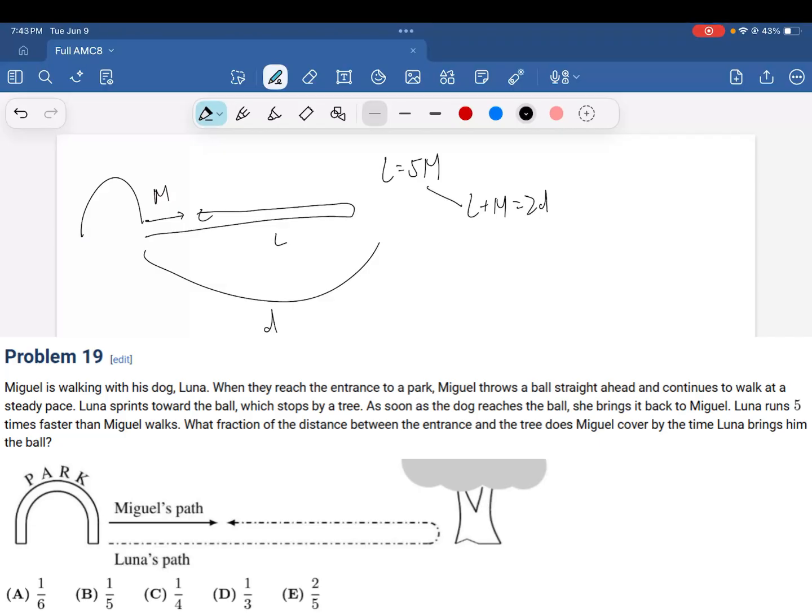If we substitute this in for L, we get 6M equals 2D, which means M equals D over 3. Which means Miguel's distance is 1/3 of the total. So the answer is D, 1/3.